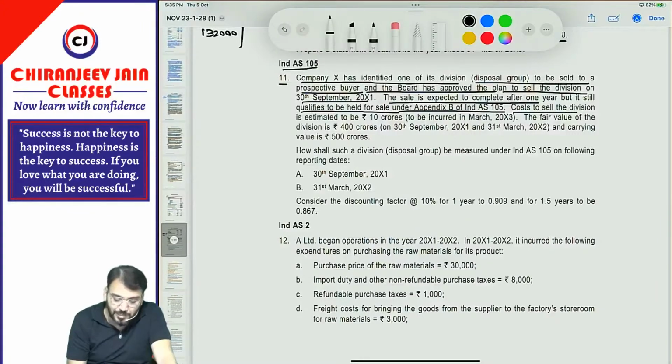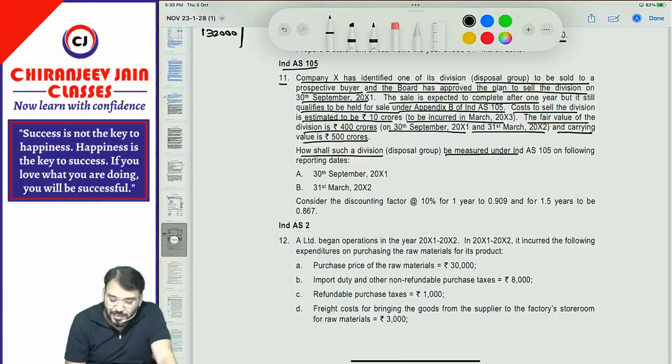Cost to sell the division is estimated to be 10 crore, to be incurred in March 2003. The fair value of the division is 400 crore on 30th September 2001 and 31st March 2002, and the carrying value is 500 crore. How shall such division be measured under Ind AS 105 on the following two reporting dates: 30th September and 31st March? Consider a discounting factor at a rate of 10% for 1 year and 1.5 years has been given.